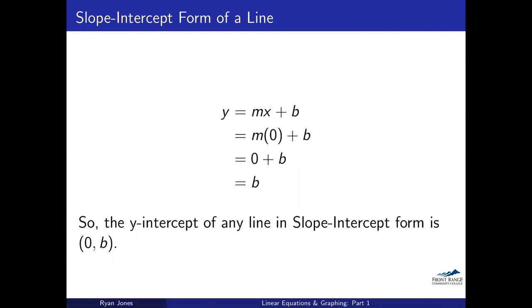So for any example that I give you, you can just look directly at it and tell me what the slope and what the y-intercept is. So here you could say, hey, the slope m is -3, and the y-intercept would be 0, 2, because b would be 2.